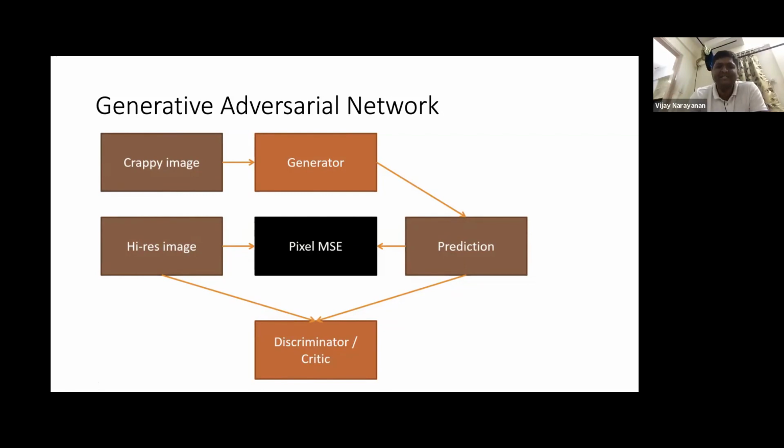The name of the game here is to do multiple iterations so that the generator gets better at producing an image that actually looks like a high-res image, and the discriminator finds it tougher to discriminate between the predicted high-res image and the original high-res image. So that's basically the network as we call it.